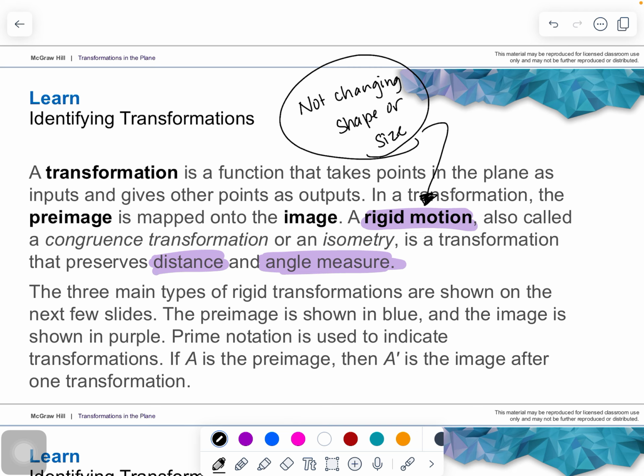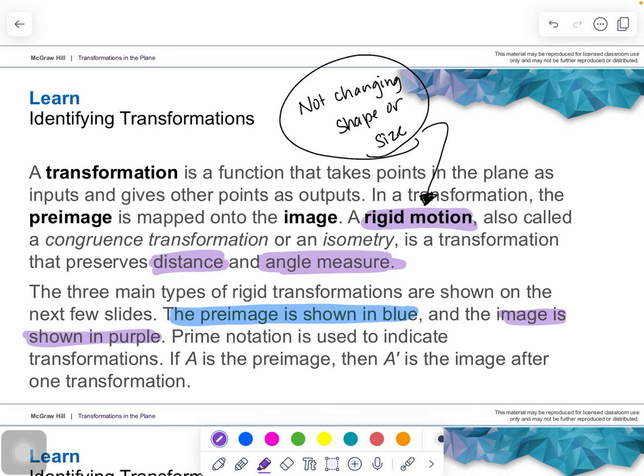Now, other things I want you to see. The pre-image is shown in blue, and the image is shown in purple in the next few slides. Prime notation is used to indicate transformation.